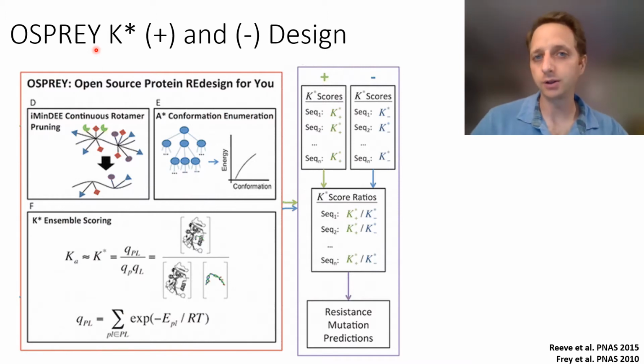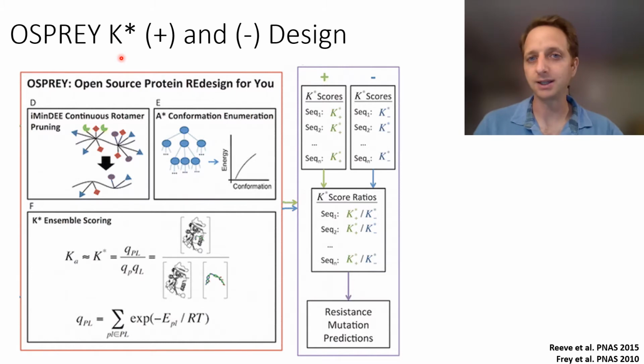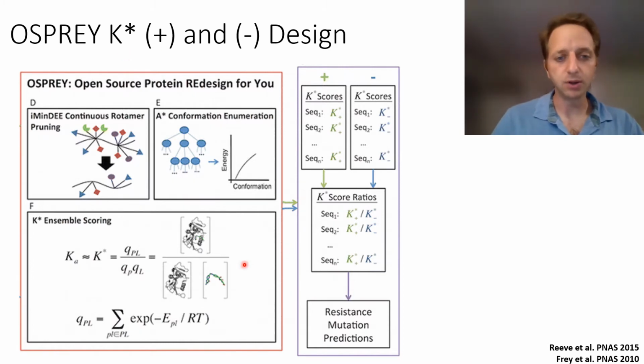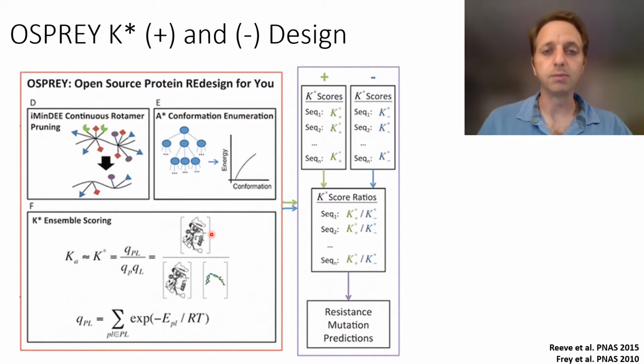One of the main algorithms in OSPREY is called K-star. K-star is a provable approximation to Ka, or binding affinity. K-star works by computing partition functions over molecular ensembles of a protein-ligand complex in 3 different states, namely the complex state, the apoprotein state, and the apoligand state.